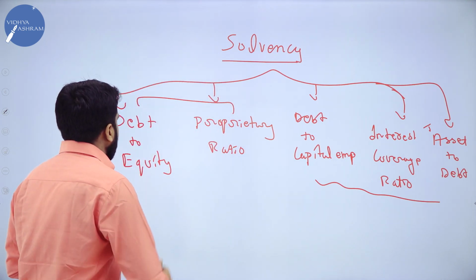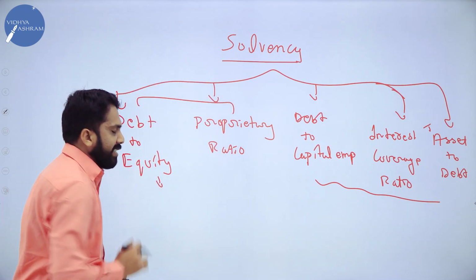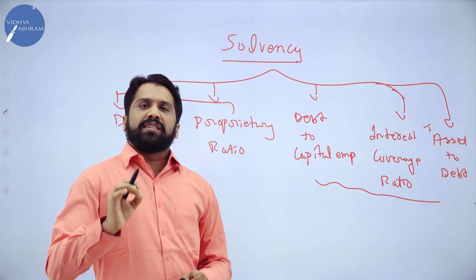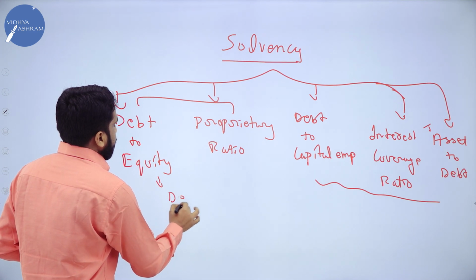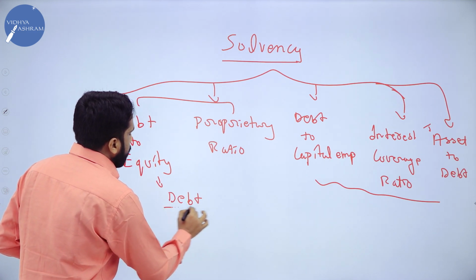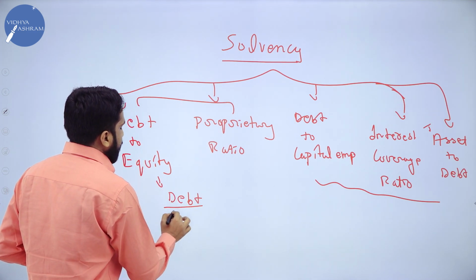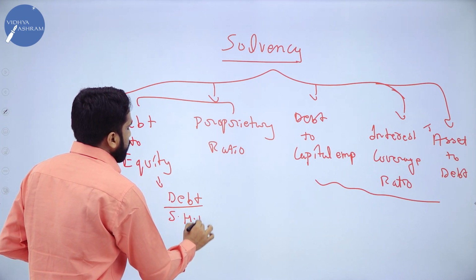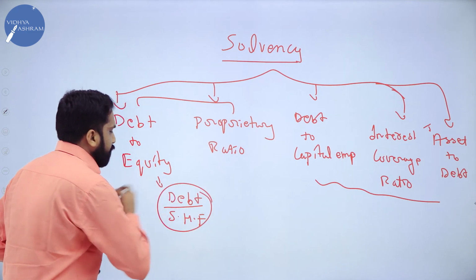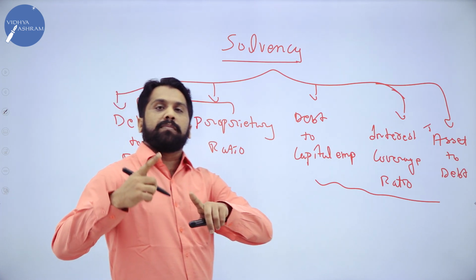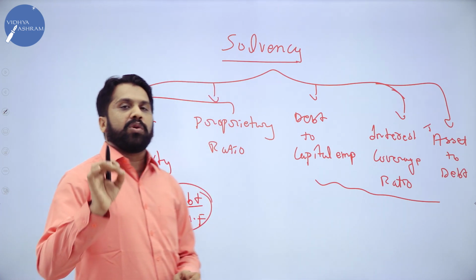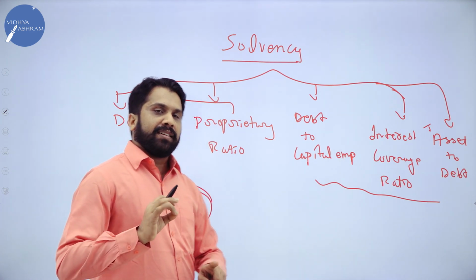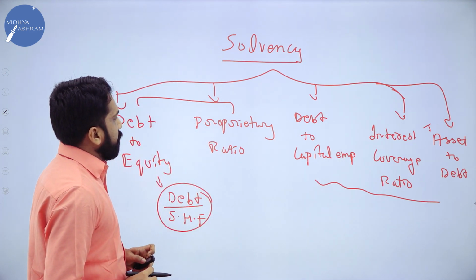Now, what is the formula for debt equity ratio? The formula is very easy. You have to take debt or long-term loans divided by shareholders fund. What is the formula? Long-term loan or debt divided by shareholders fund. Now, what is the second type of ratio?